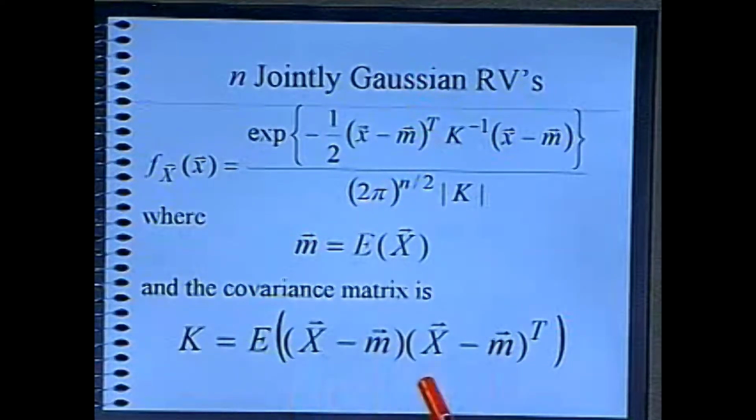Now you'll notice, first of all, when we multiply two numbers together, or two vectors together, we either get a scalar corresponding to the inner product, or we get a matrix corresponding to an outer product. This is an outer product sort of matrix that we're multiplying, this vector times this vector, in order to get a matrix. So K is an n by n matrix.